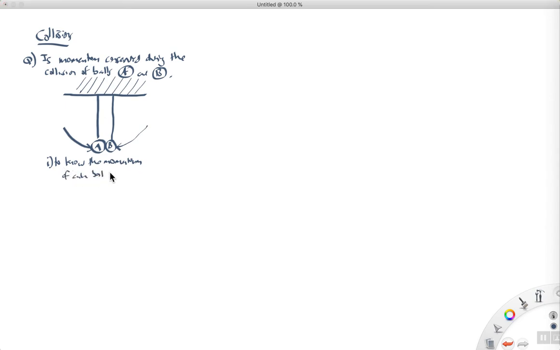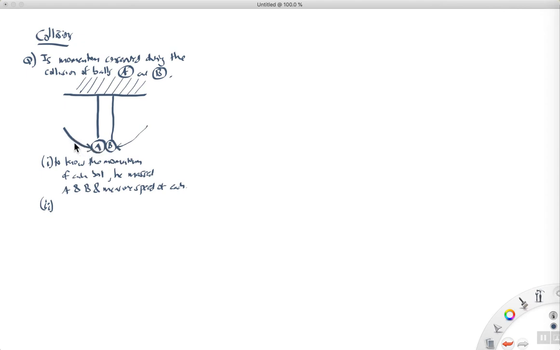So you might imagine he measured the mass of A and B, and he had to measure the speed of each ball. And he had to measure the speed just before the collision and just after the collision. How did he measure the speed of each ball before the collision and the speed after the collision? Well, he deduced it from the height.